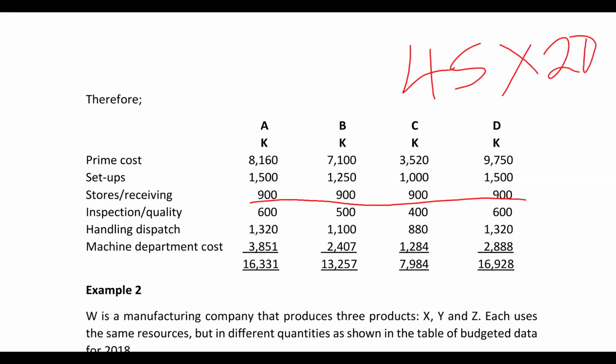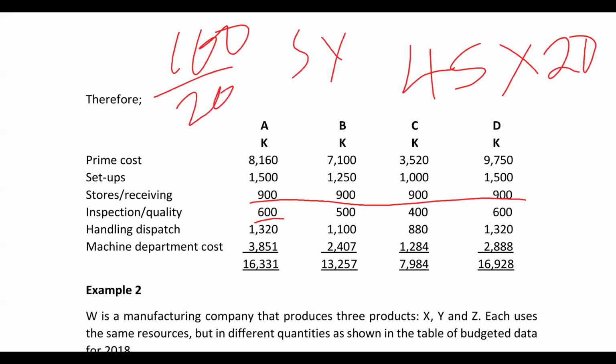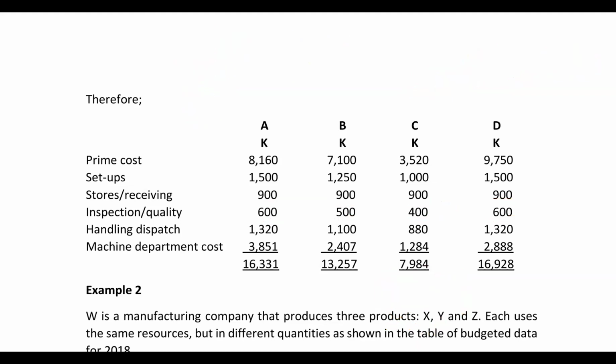For inspection, 6 times 100 is 600. 100 divided by 20, which is 5, times 100 gives 500. 80 divided by 20 times 100 gave us 400 here, and 600 at last. So I've done the allocation for setups, for prime costs, for inspection.